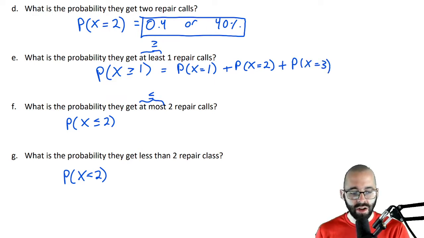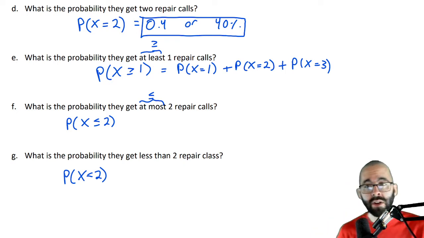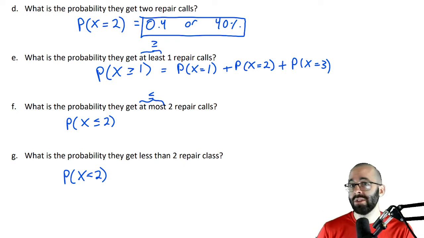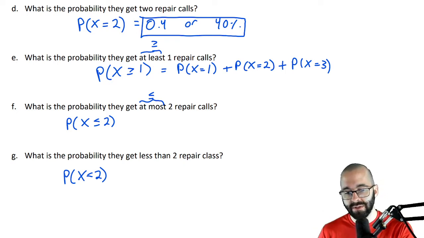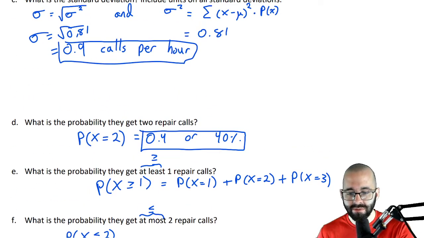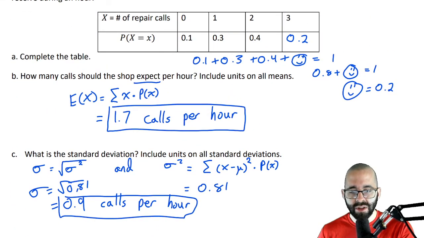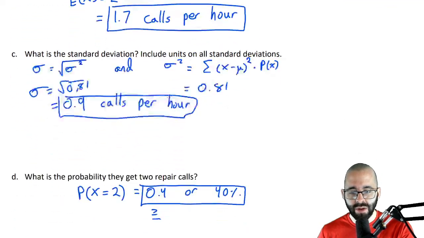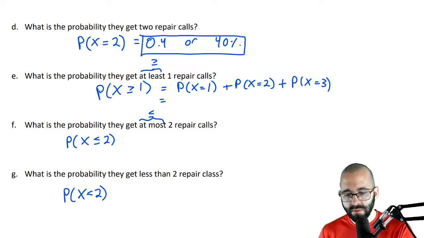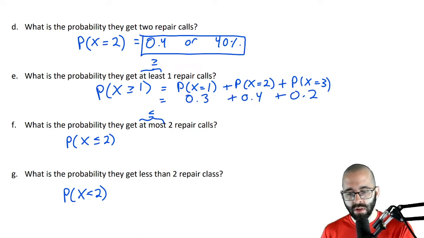At least 1 is all 3 of these together. They're disjoint. They're mutually exclusive events. You can't have 1 call and 2 calls in an hour, in the same hour. It's one or the other. So just add the probabilities for 1, 2, and 3. That's 0.3, 0.4, 0.2, which adds up to 0.9.